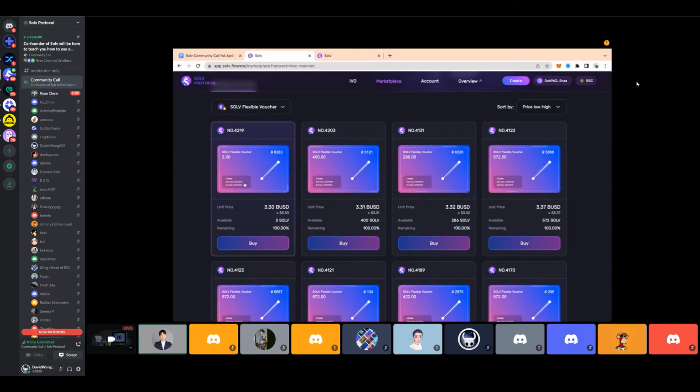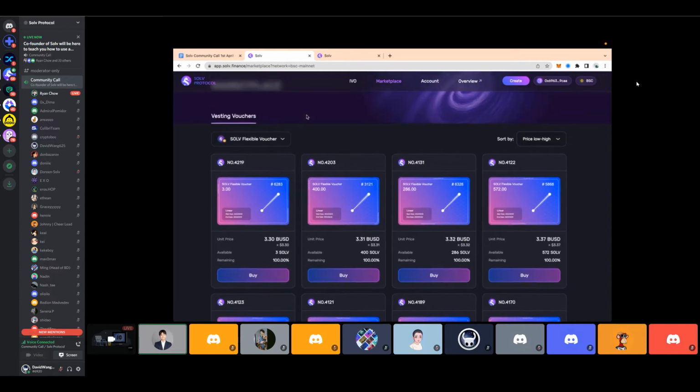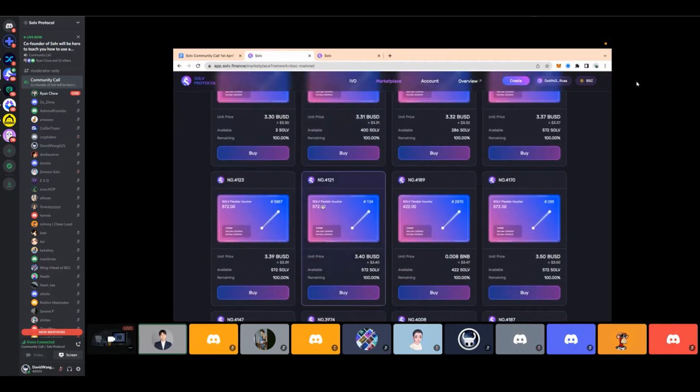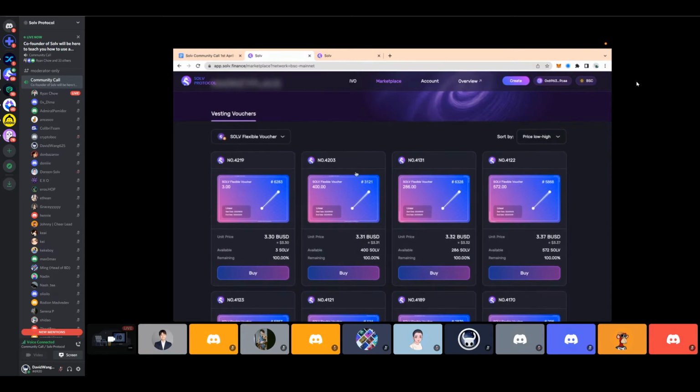So you have two choices here. All the voucher owners, if you are here, one is that you hold the NFT and then claim the tokens until maturity. That's the one choice. The second choice is you list back the NFT to the marketplace to cash out earlier.